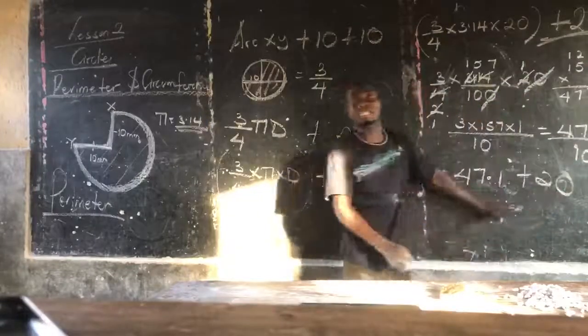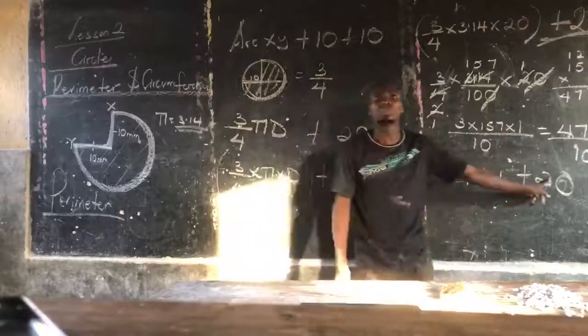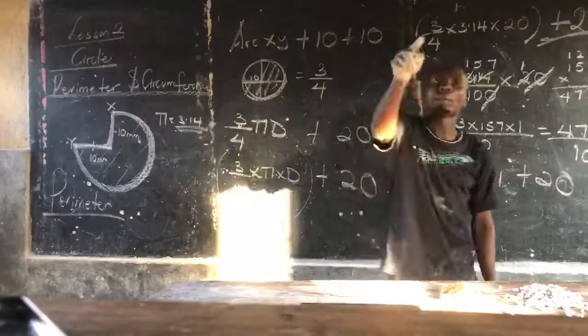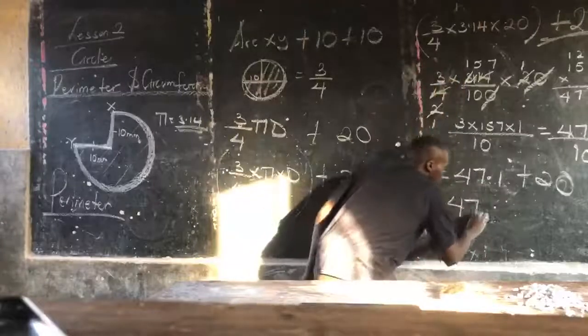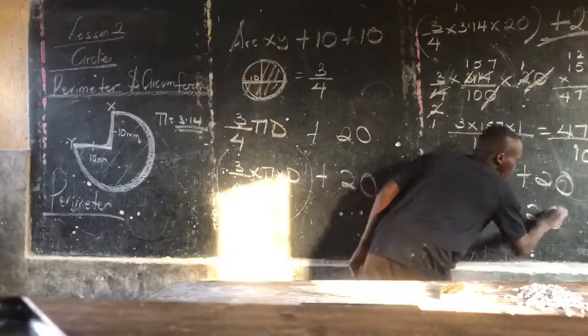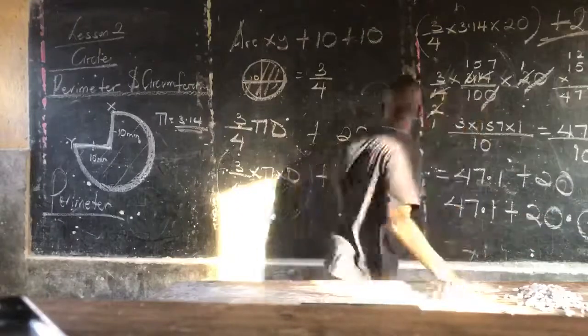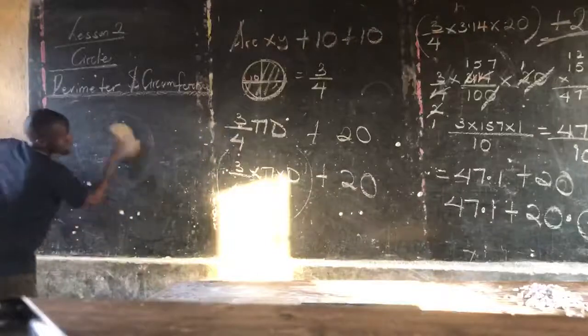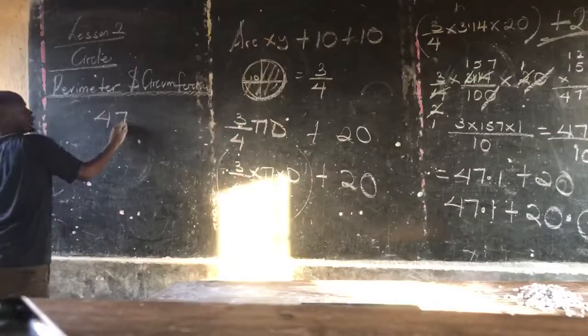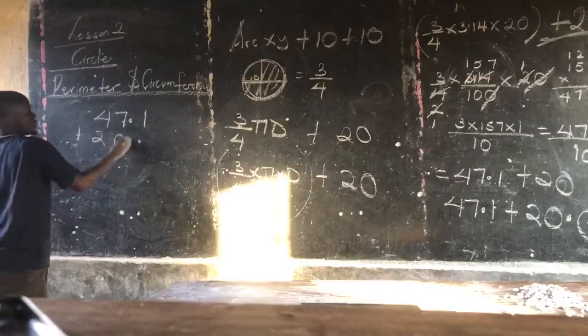You are building this number. This number has a point. We introduce a point to 20, making it 20.0. You know where? 47.1 and 20.0. Okay. We are there. So you are going to add 47.1 and 20.0.